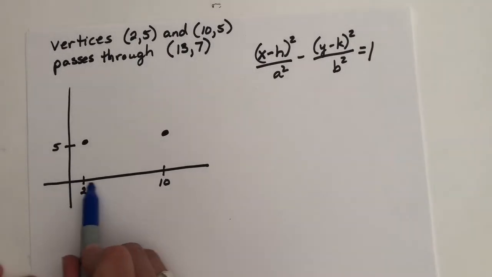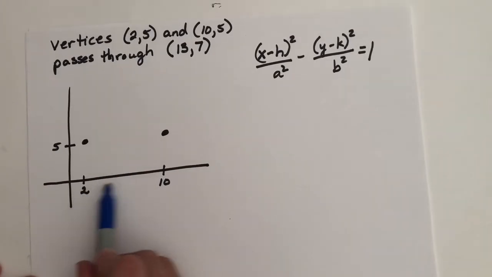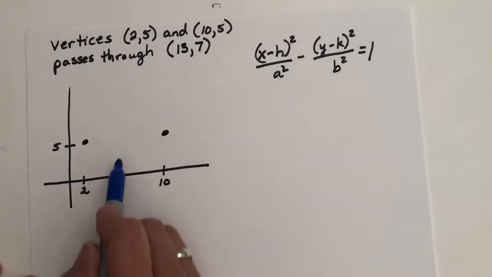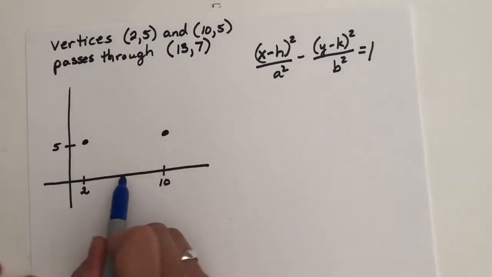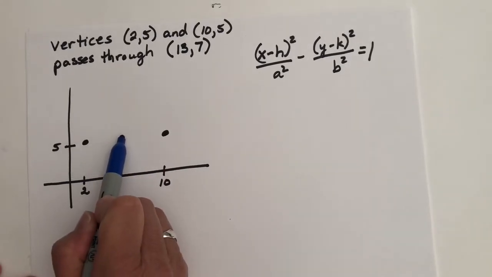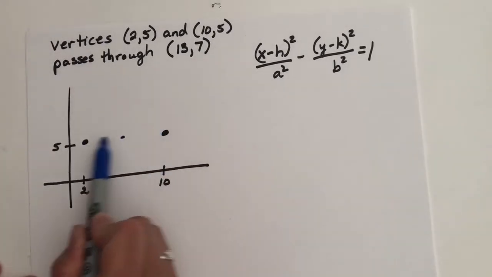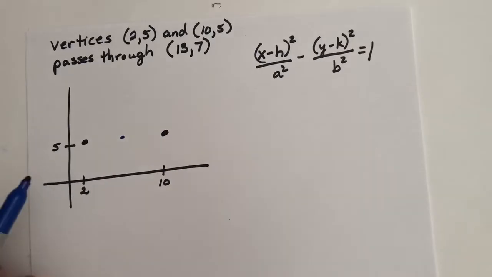But let's continue. Where is the center? The center is dead center in between 2 and 10. You can average 2 and 10 and determine that the value right here would be 6. It's the midpoint of the line segment that joins 2, 5 and 10, 5.